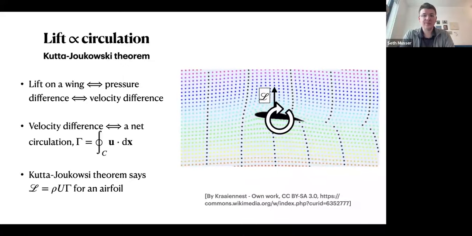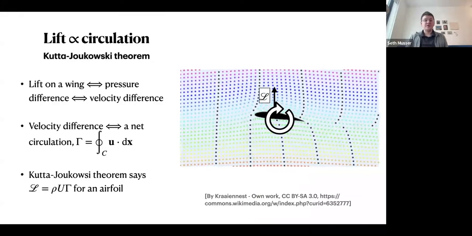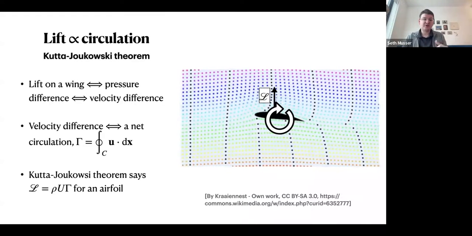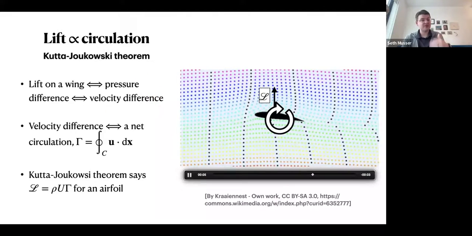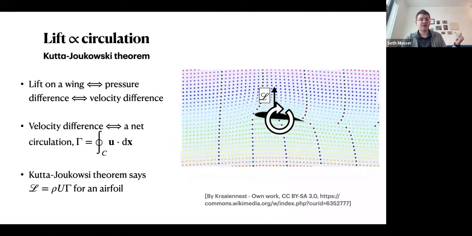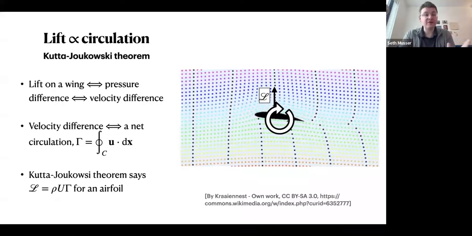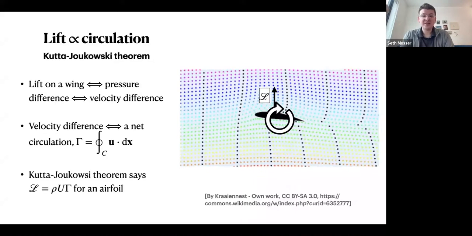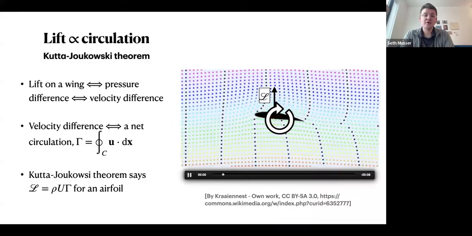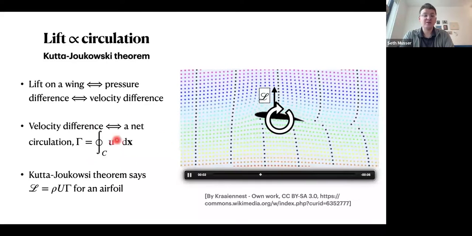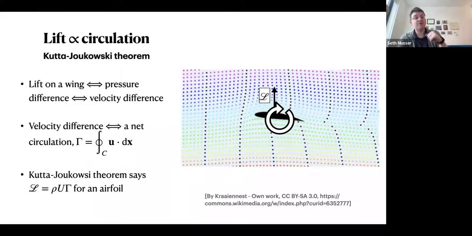I add this just in case anyone has learned the theory of flight the incorrect way, as I did. Okay, so we know that lift on a wing means a pressure difference, and by Bernoulli's theorem, this means a velocity difference from the top to the bottom of the foil. Now if we go into the frame of the foil, this velocity difference, moving faster over the top and slower over the bottom, will lead to a net circulation, the integral of velocity around the foil.